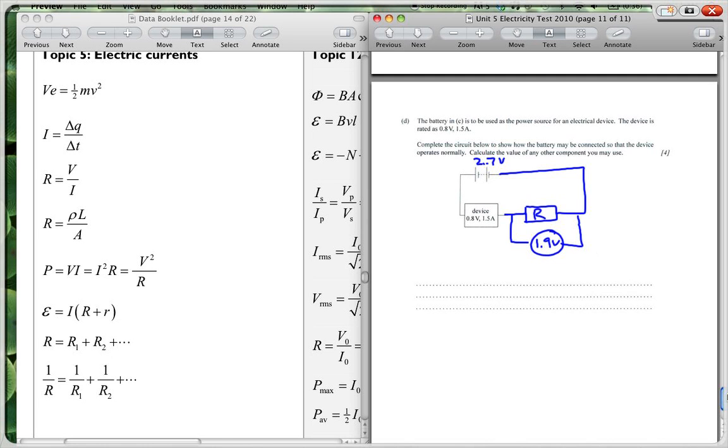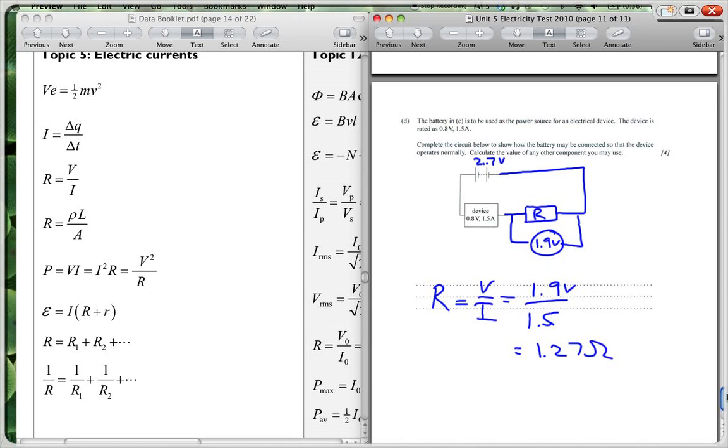What will my resistor be? Well, we know that it needs 1.5 amps. So R is equal to V over I. We're going to get 1.9 volts divided by our I, which is 1.5 amps. And when I divide that, 1.9 divided by 1.5, I get 1.27 ohms.